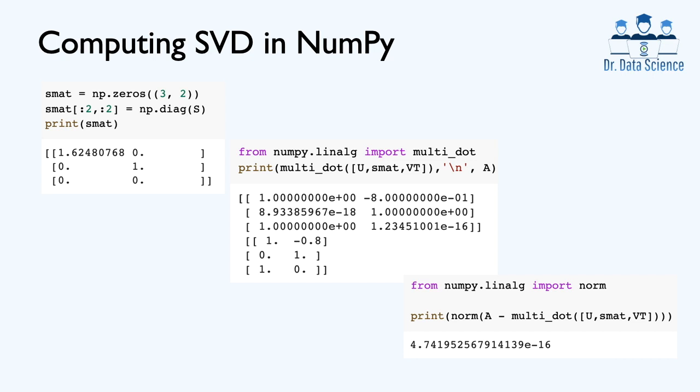And then we put the elements of S, which if you remember were 1.62 and 1, on the main diagonal. And now we have to multiply these three matrices, right? U and this matrix S in a two-dimensional format, and then VT, which contains the right singular vectors.